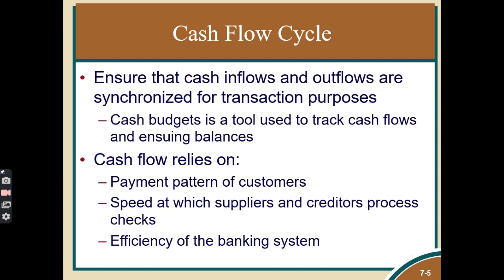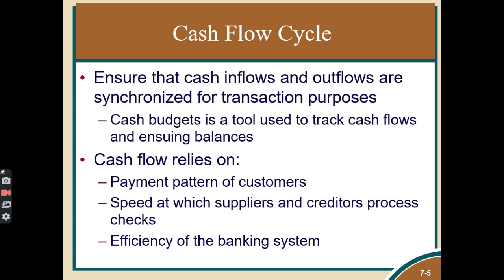Okay, so cash budgets as a tool is used to track cash flows and ensuing balances. So we need to make sure also that the balances or the budgets that we established are being followed, or as much as possible there are no variances to these particular budgets.